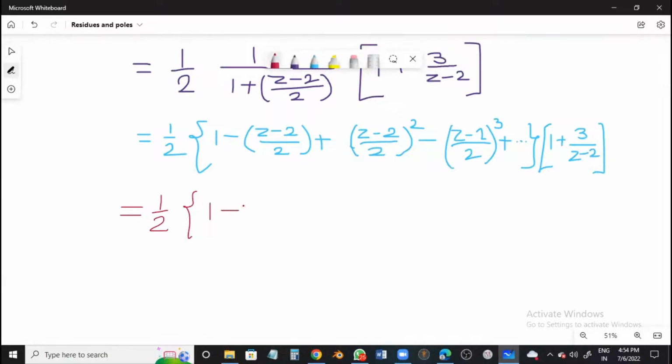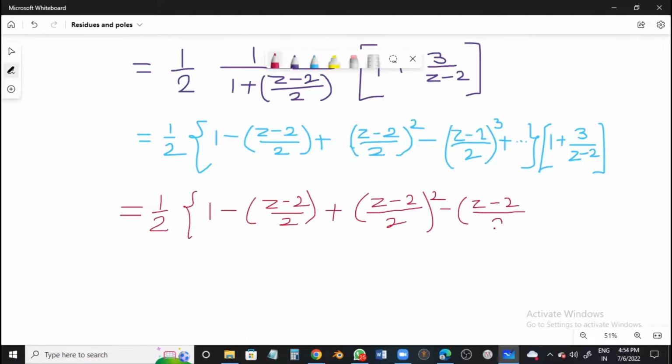So I have 1 minus Z minus 2 by 2 plus Z minus 2 bracket square, minus Z minus 2 by 2 bracket cube, plus and so on.